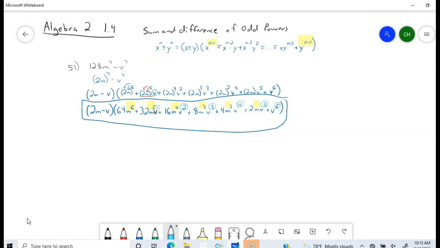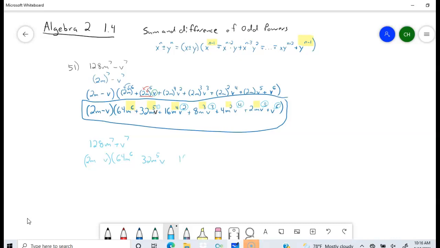The only difference, if this had been plus v, m to the 7th plus v to the 7th, we can do this pretty quick because we've already done the hard work. Everything's going to be exactly the same. I'm going to have 2m. I'm going to have v. I'm going to have 64m to the 6th. I'm going to have 32m to the 5th v.